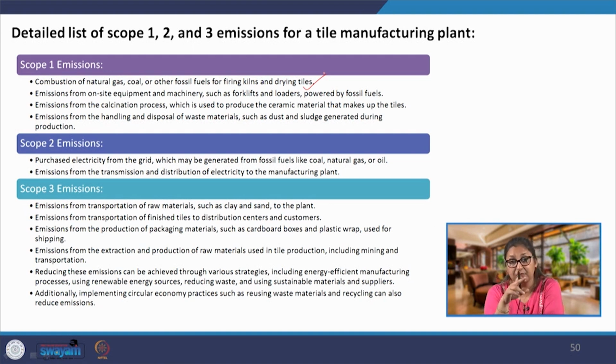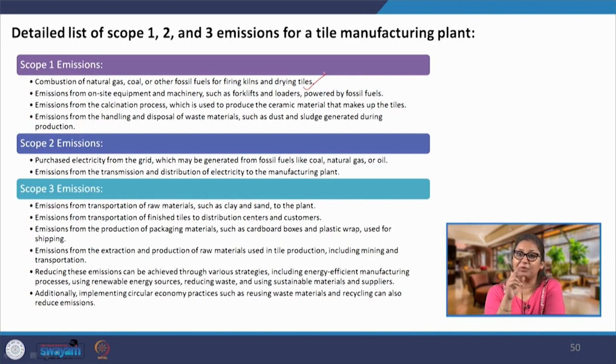However, they have identified that as part of scope for them to reduce, and there could be methods to suppress that. Now, if we look at scope 2 emissions, then again simply we are talking about purchased electricity from the grid, which further may be generated using either fossil fuels or renewable sources of energy, it could be any.